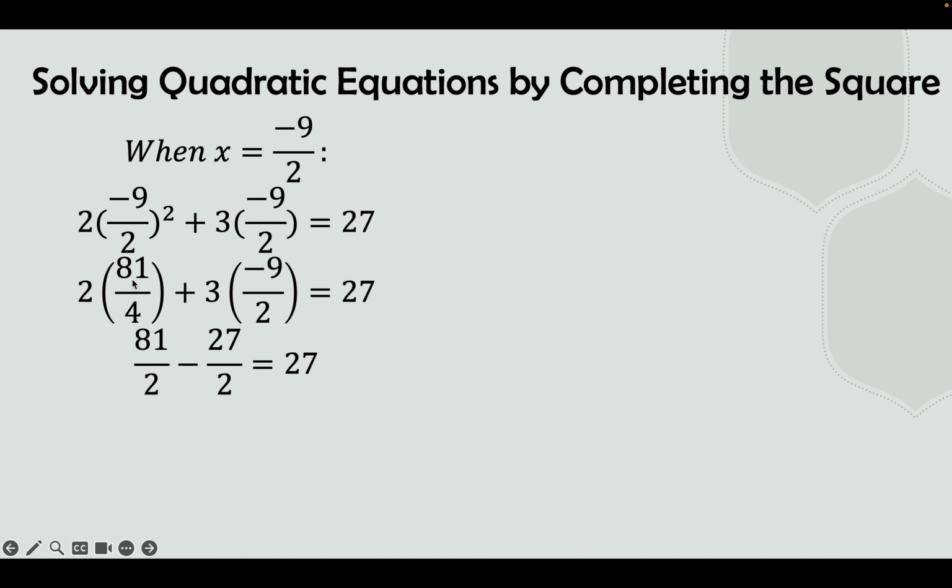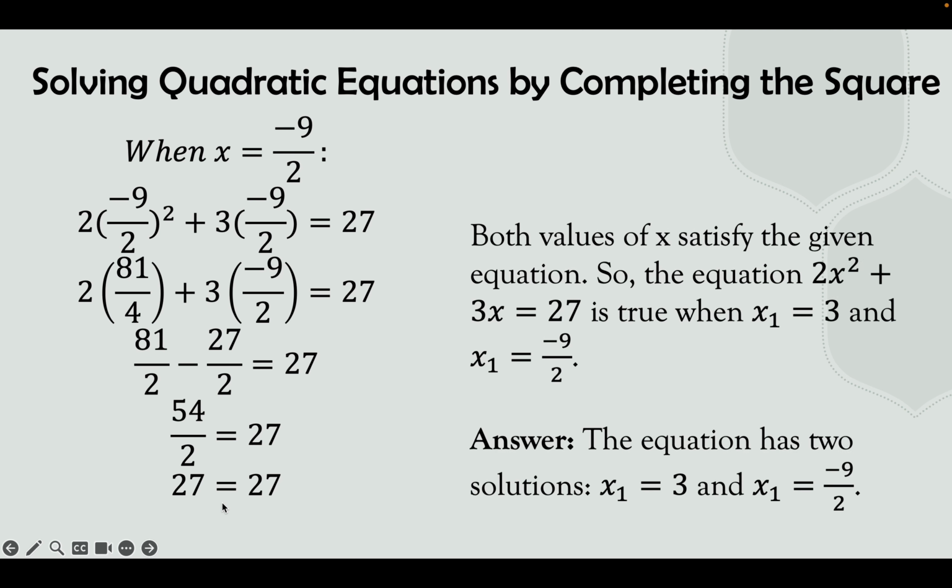So 2 times 81 over 4, that is 81 over 2. And then 3 times negative 9 is negative 27 over 2 equals 27. So we have here now 81 minus 27, we have 54 over 2 equals 27. Simplify 54 over 2, that is 27 equals 27.